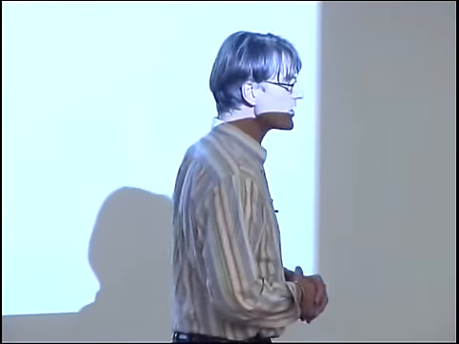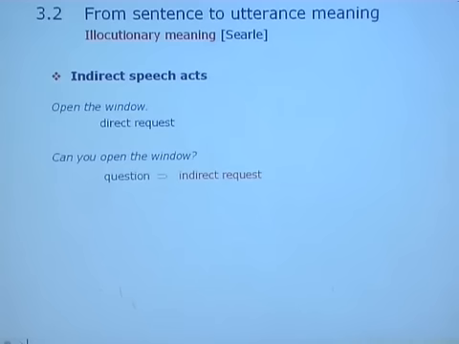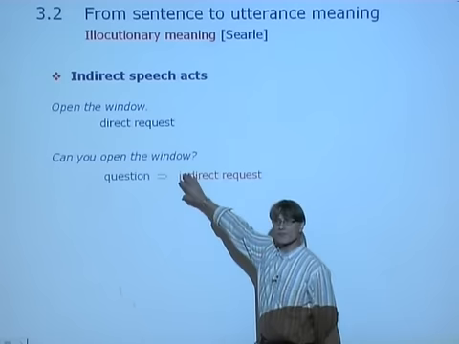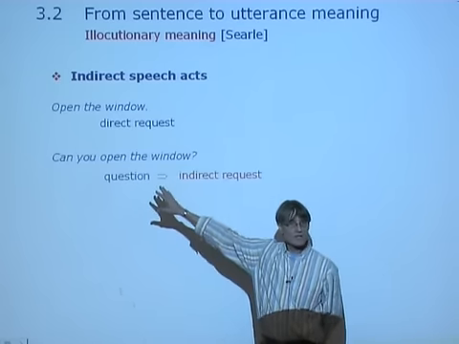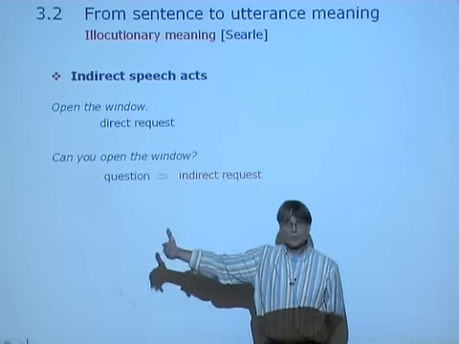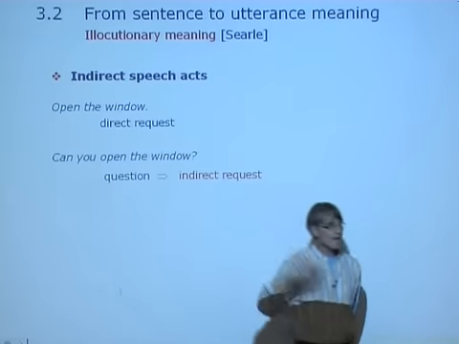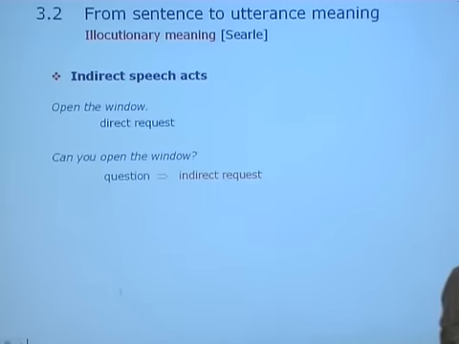Okay. And in particular, "can you open the window" is a very typical case. And when you look at it, what is it in the first place? In the first place, it's a question. "Can you open the window?" And in many, many situations, you could come across this, and it is actually meant and understood as a question.